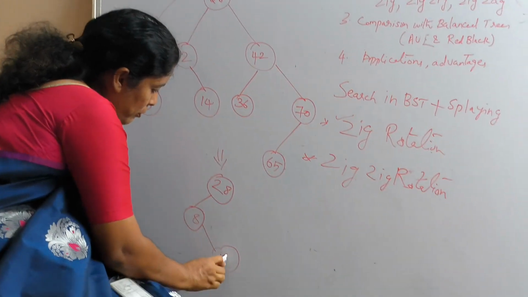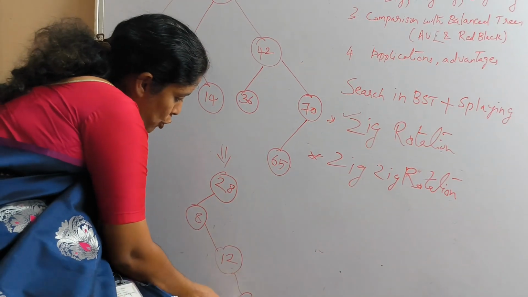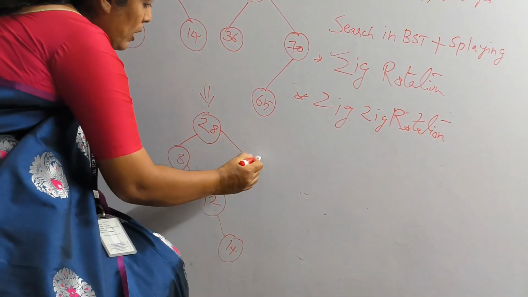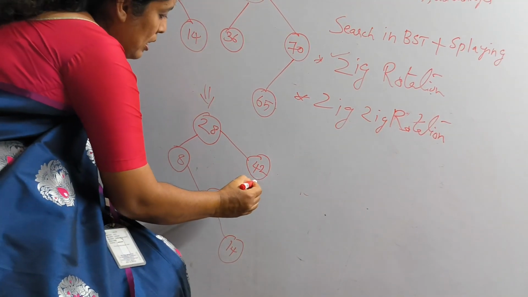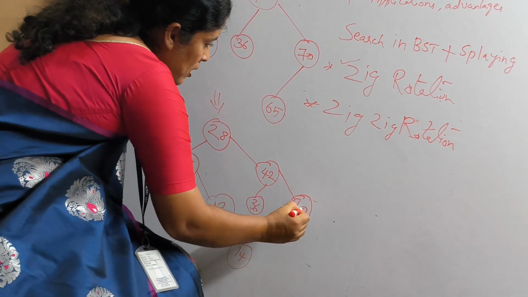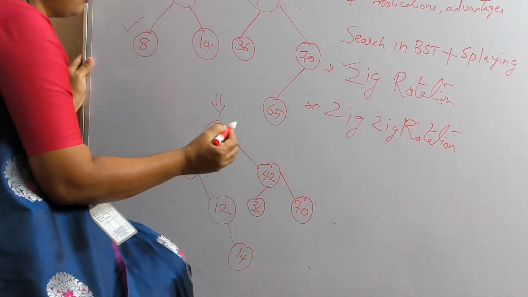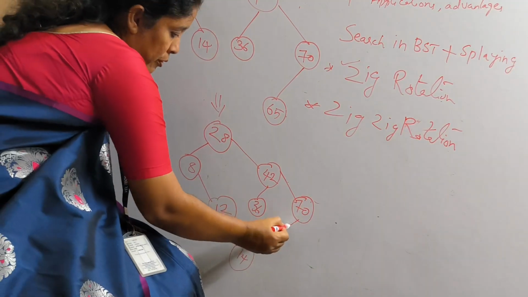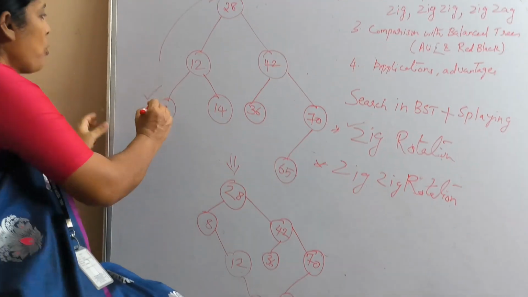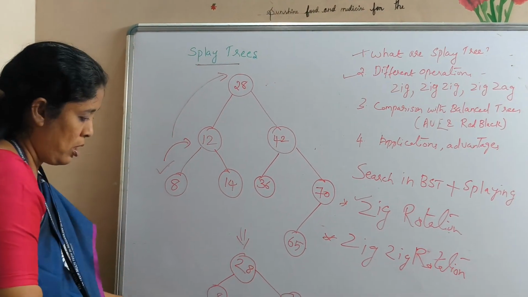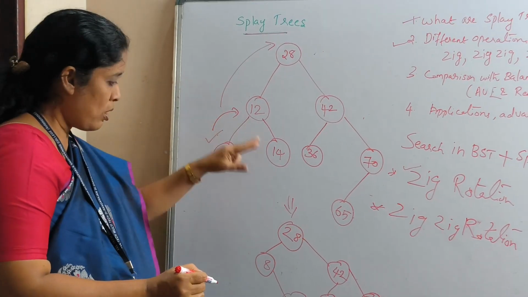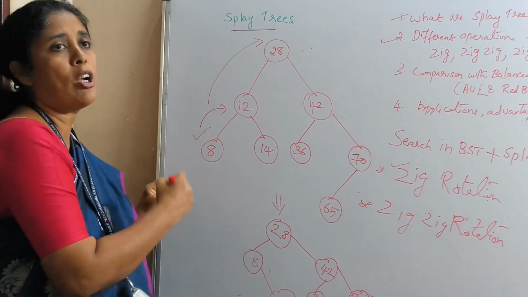This is 12, and again you have 14, and on this side nothing will happen, so it is 42, and the same thing 36, 70, and you have 65. So this is 1 right rotation we have done. We are bringing the 8 to the root. After this, again 1 more right rotation.